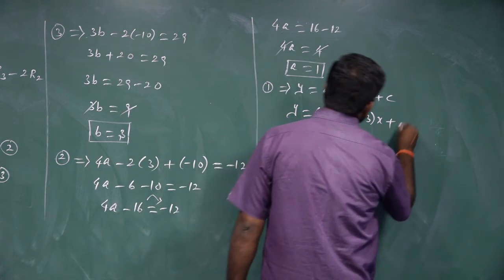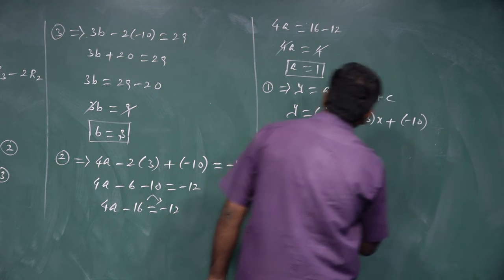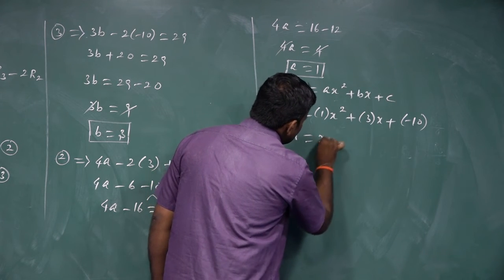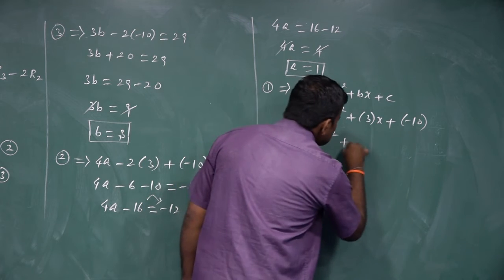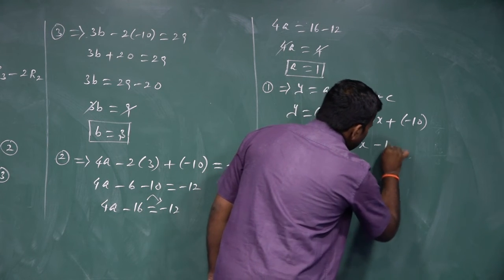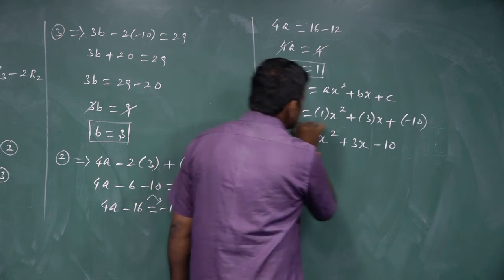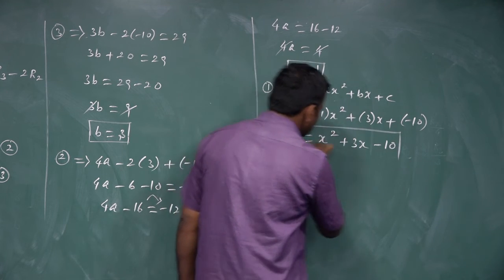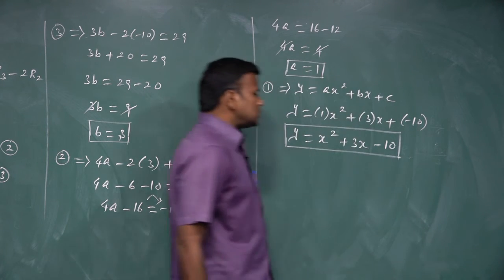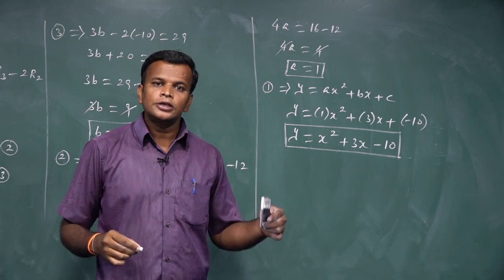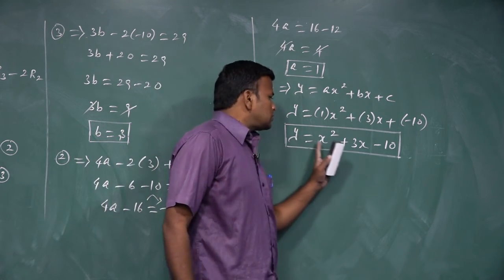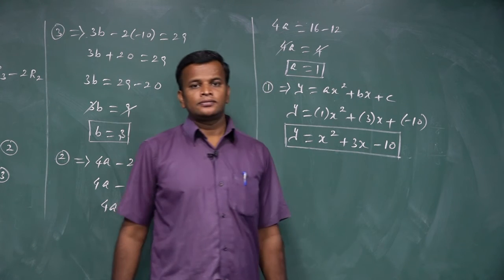So y is equal to x square plus 3x minus 10. This is the equation of the path of the boy.